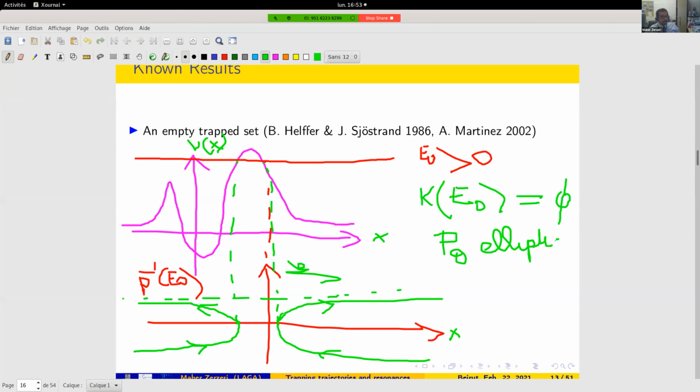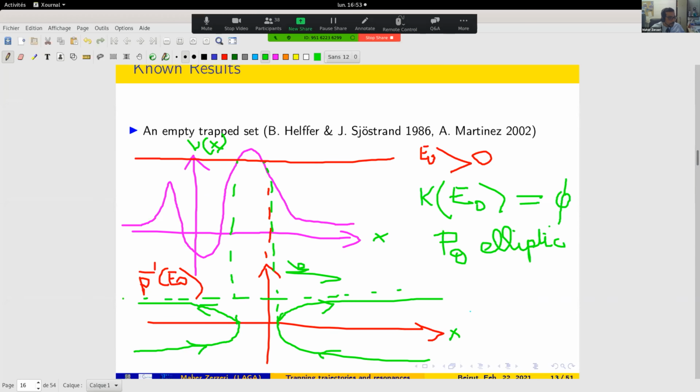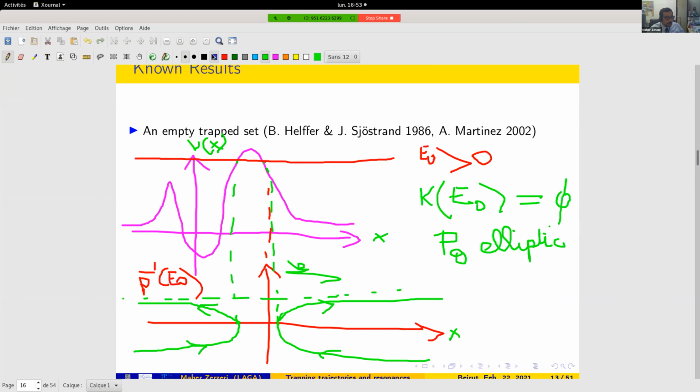So if P theta is elliptic, there is no eigenvalue of P theta, so no resonances for P. And of course, they show the very important thing that near E0, here in the complex plane, so essentially, from now on, every time I fix a potential, I fix the behavior of the trajectories, and afterwards the spectrum.